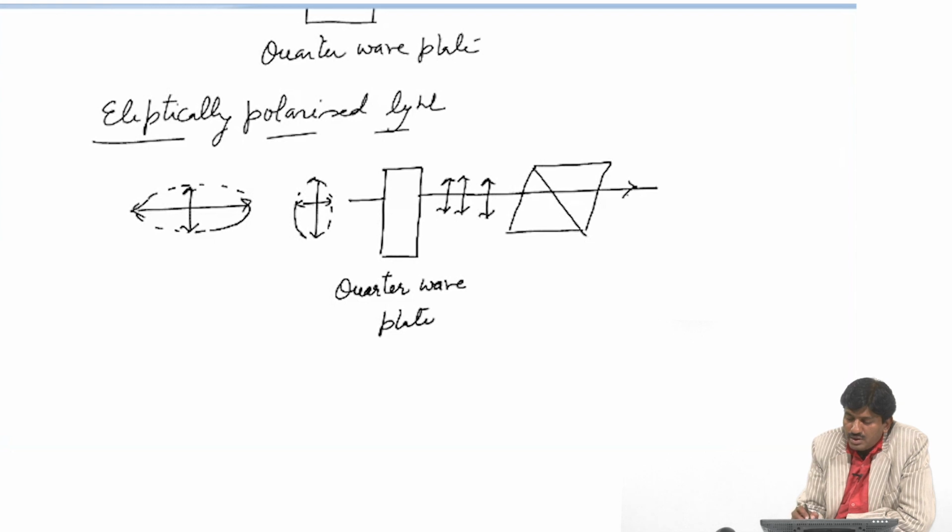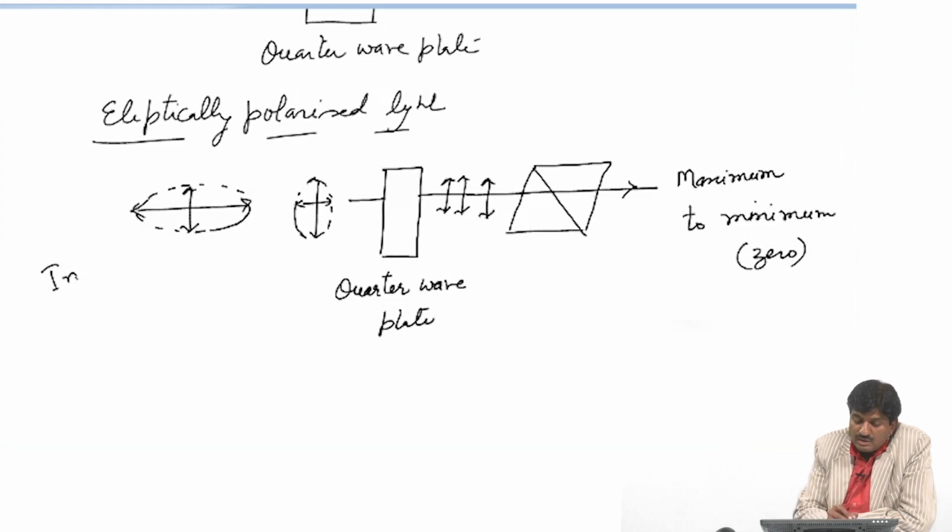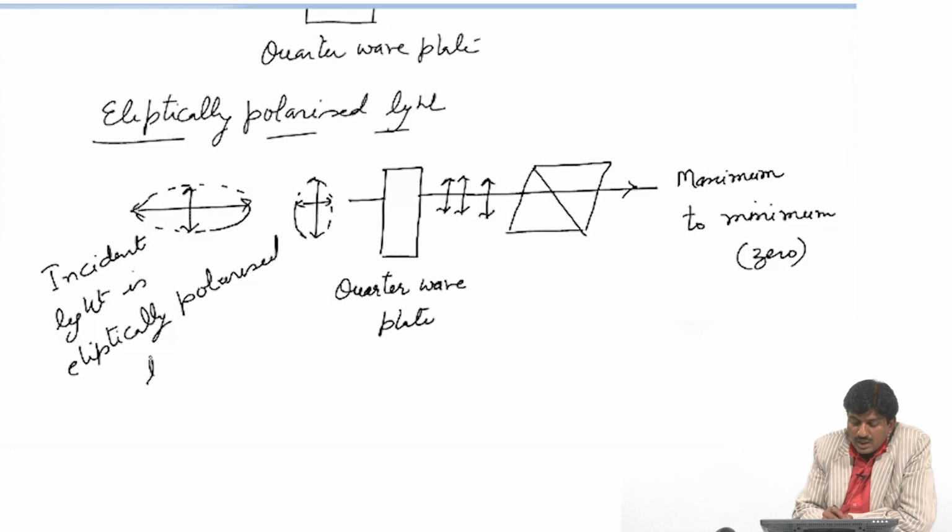then there is a variation in intensity from maximum to minimum including 0. Then we can say that this incident light is elliptically polarized light.